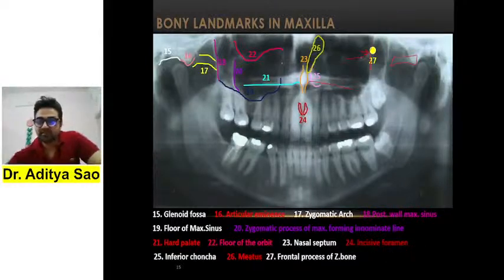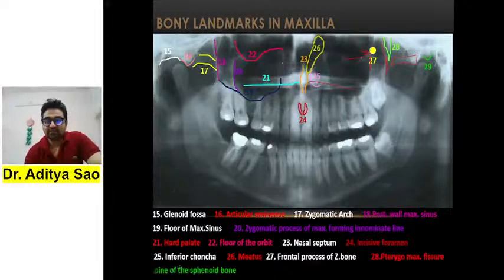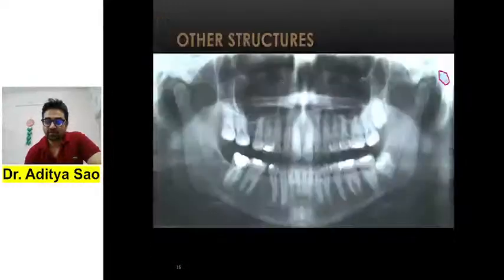Again, I'll show this V-shaped area. This is the posterior wall of the maxillary sinus, and this suture-like thing, there is a small gap. This is a pterygomaxillary suture, or a pterygomaxillary fissure. Clear? Then comes 29, that is the spine of the sphenoid bone. 30th is not important. 31 is not important.